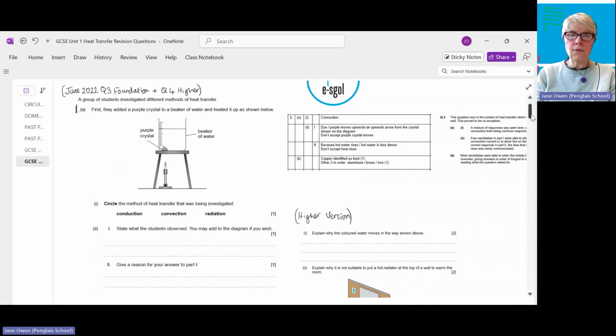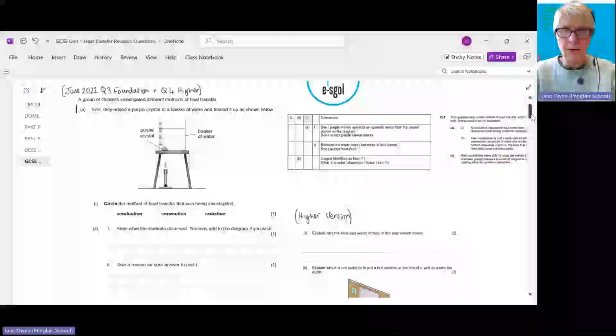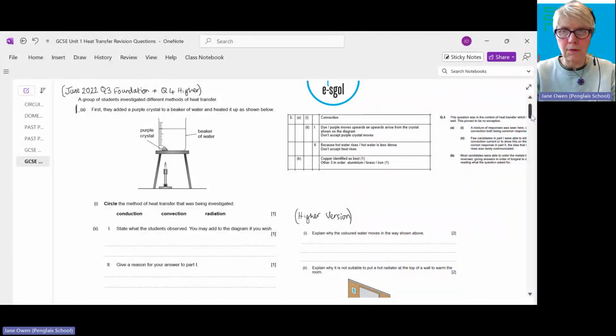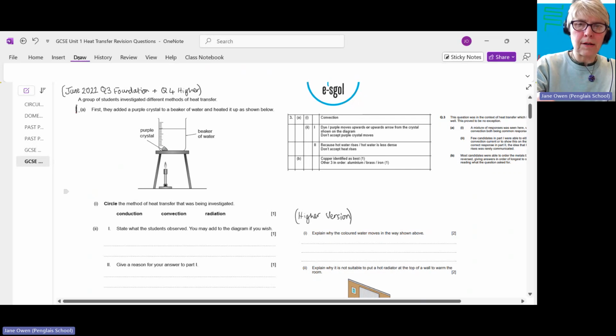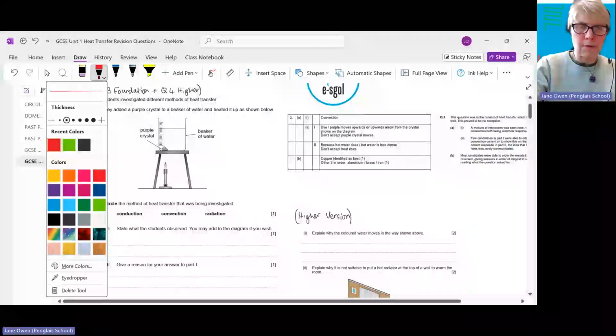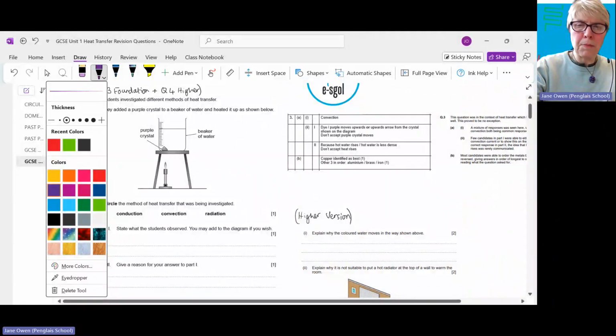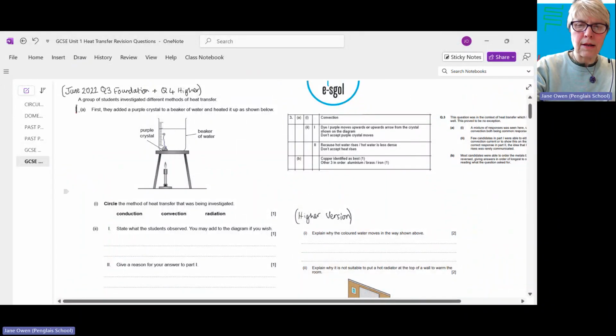Okay, so let's dive straight into the question. A group of students investigated different methods of heat transfer. First, they added a purple crystal to a beaker of water and heated it up as shown. Circle the method of heat transfer that was being investigated. This purple crystal will diffuse into the water.